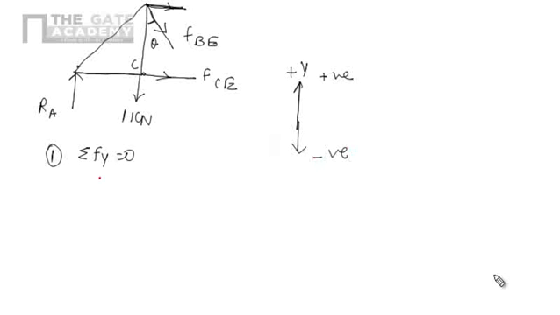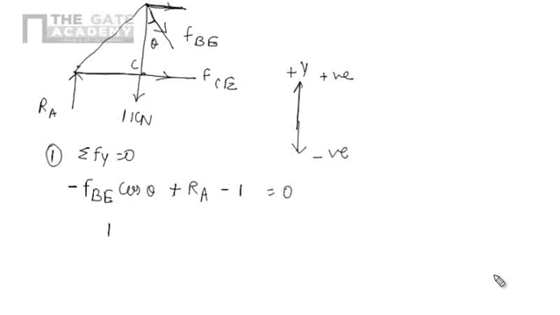So we are having FBE cos theta in a vertically downward direction, so negative; RA reaction in upward direction, so positive; and 1 kilonewton in downward direction, so negative; equals 0.